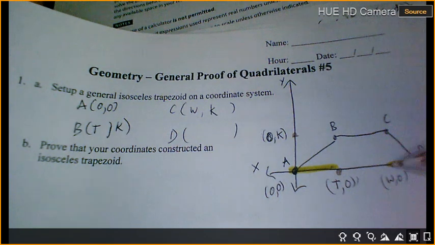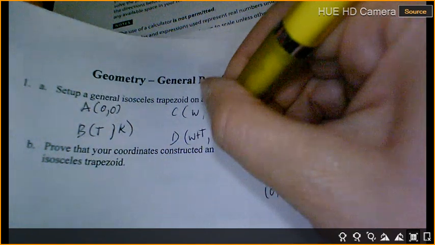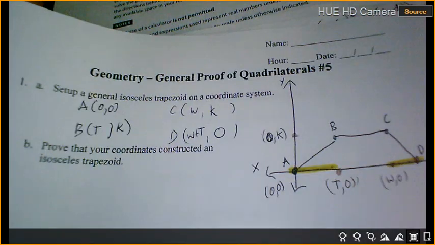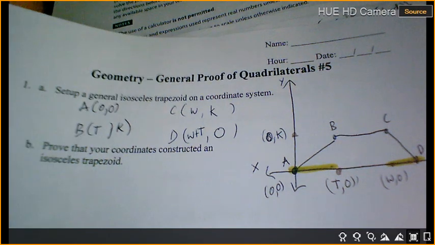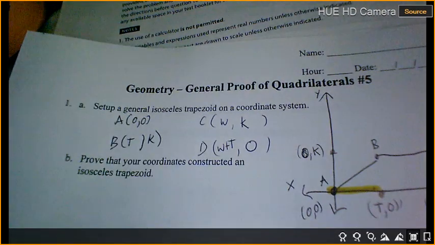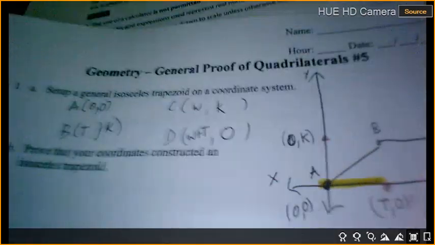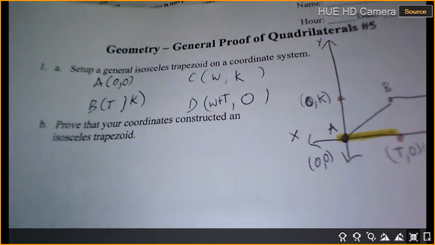So this point to here has to be T. But we already went W over. So we're going to call it W plus T. And we went up 0. So D is (W plus T, 0). This is about as close as I can get because I have to fit a pen under here.